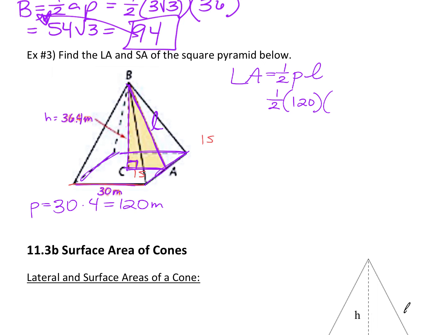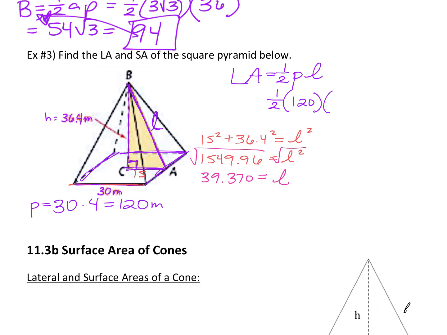Okay, so it's 15 squared plus 36.4 squared equals the slant height squared. So if you just plug that in, 15 squared plus 36.4 squared, you get this number, which is your L squared. Then we're just going to square root both sides. So you get a slant height of, we did not say to round, so we'll just do 3 decimal places, 39.370.